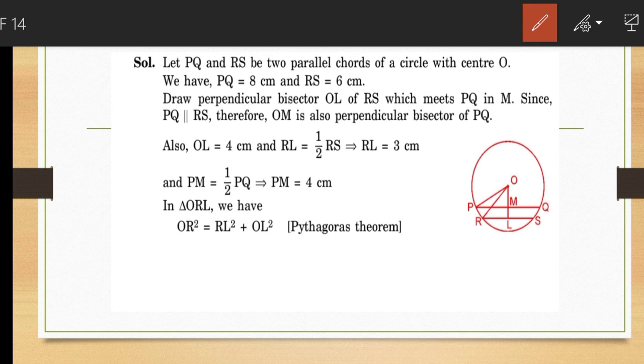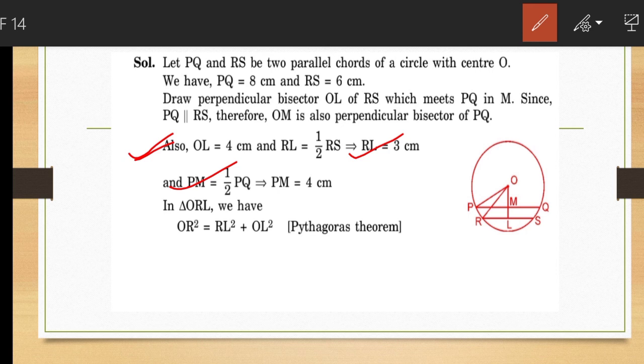It is given in the question that OL is 4. RL will be half of RS, since OL is a line coming from the center and it bisects the chord, so we get RL as 3 centimeter. Similarly, PM is half of PQ as OM comes from the center.